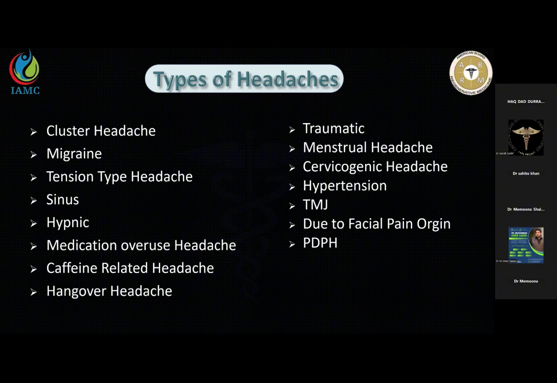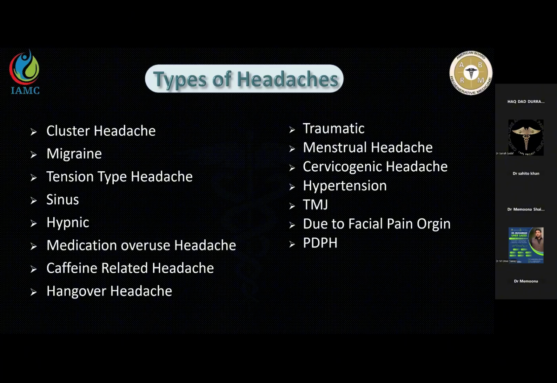I mean, a 40-year-old male presents to you and says that I have had unilateral pain for the last 2 to 3 weeks, and some people label it as migraine because it is a unilateral headache.